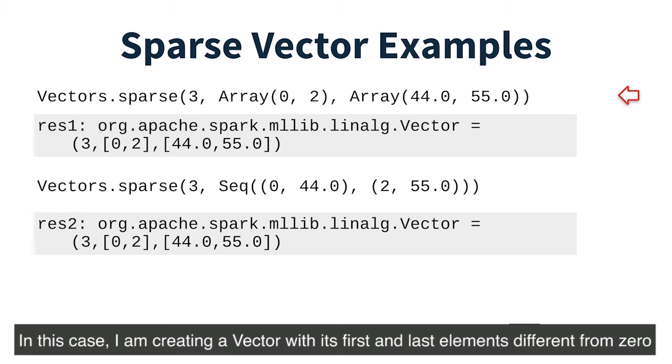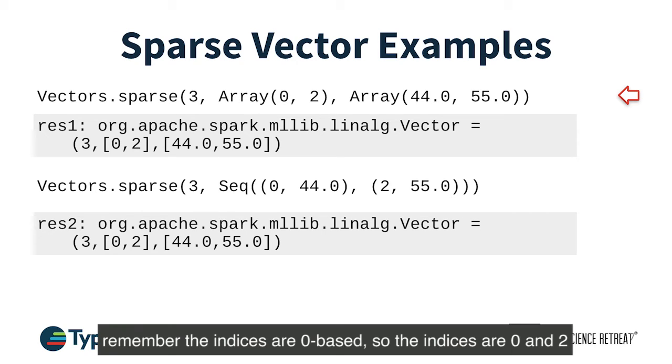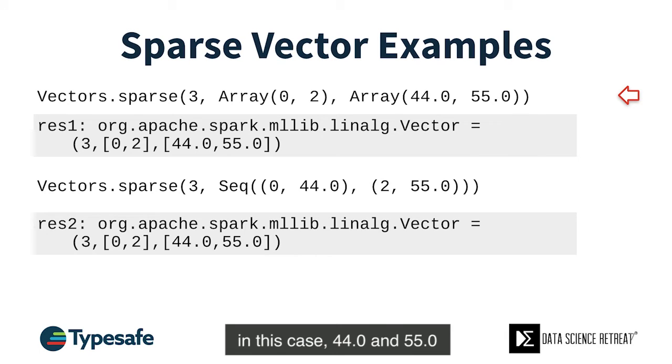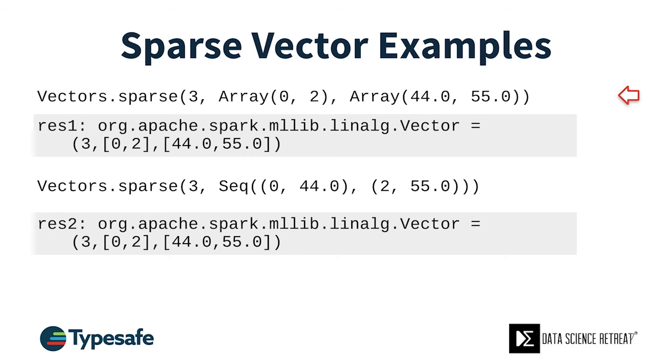In this case, I'm creating a vector with its first and last elements different from 0. Remember, the indices are 0-based, so the indices are 0 and 2. And the third argument to Vectors.sparse is a double array containing the actual values, in this case 44 and 55. The resulting sparse vector is shown in res1.